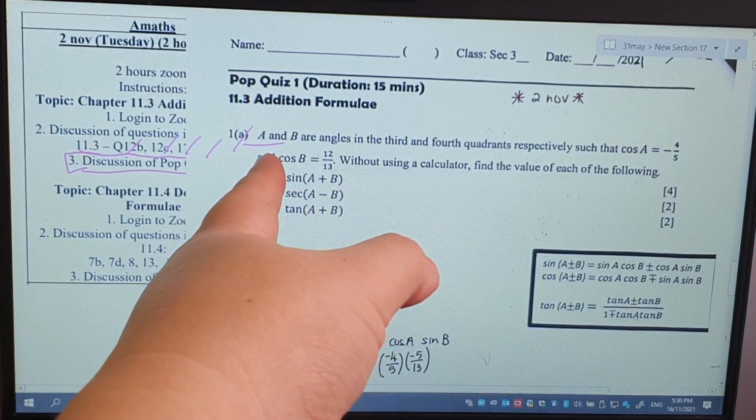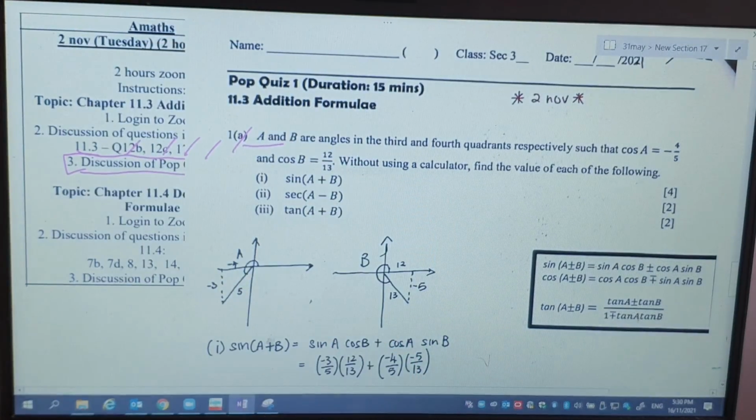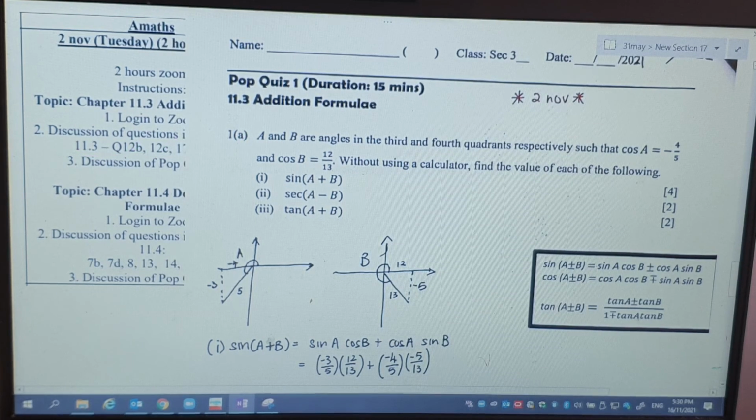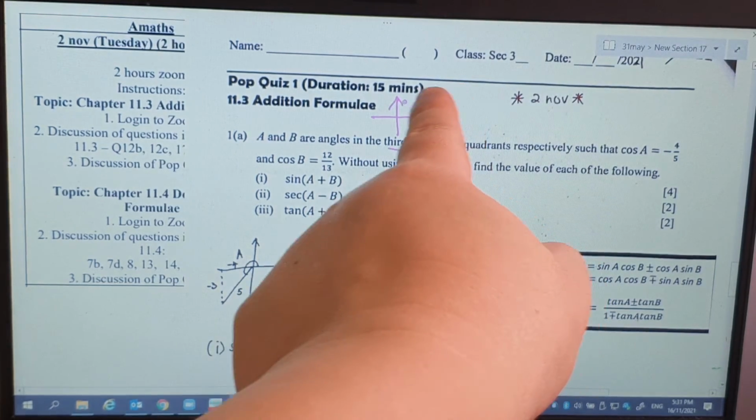So let's look at the question. If you haven't tried, please go and try first before you refer to my answer. There are only two questions. For question 1A, A and B are angles in the third and the fourth quadrants. So this is the first, second, third, fourth.